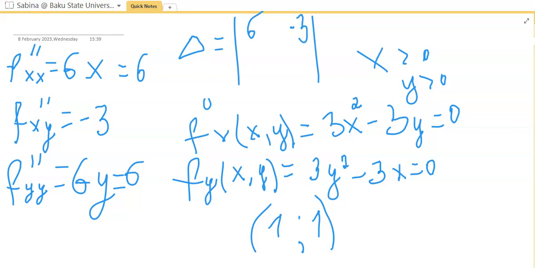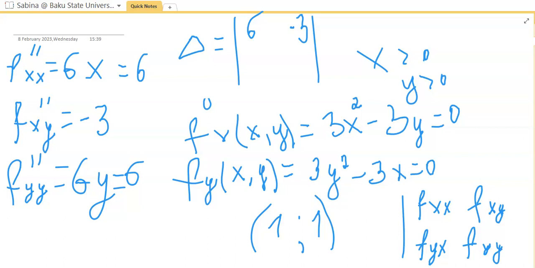In the second row, I write f x x, f x y, and here f y x, f y y. We have to find this determinant.